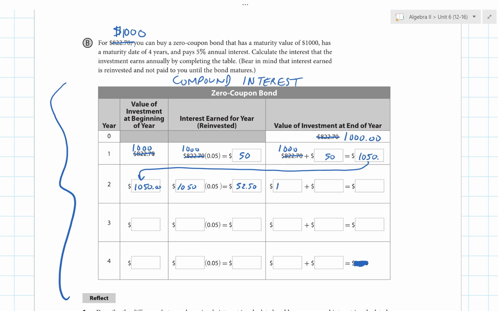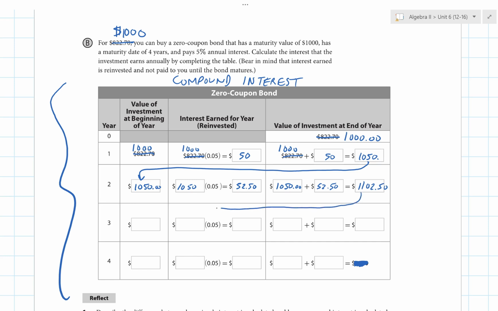And so now we're going to take our starting investment for that year and add on our interest. So by the end of the year, now we have $1,102.50. And then that process will repeat.